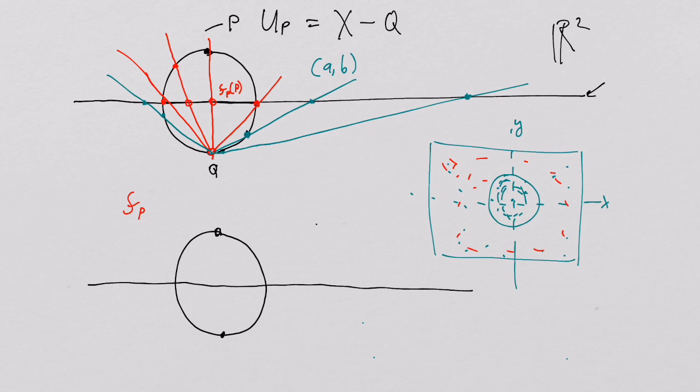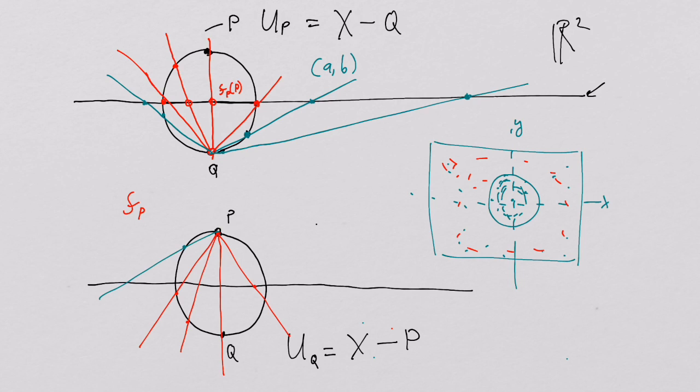Now we call this point Q. We're looking for U of Q, which equals x minus P, right, where P is up here. And now we draw all our lines from P. And we do the same construction. And it's going to result in the same thing, except now the southern hemisphere points are going to be inside the sphere, and the northern hemisphere points are going to be outside the sphere, right?